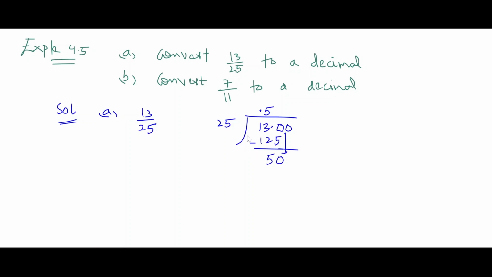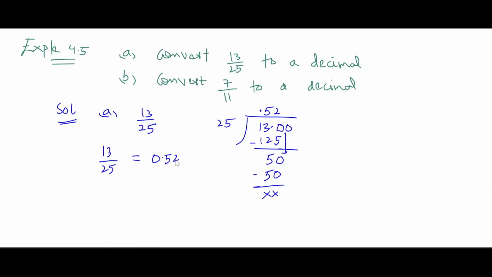So 25, now we will use 2 here. 2 into 25 is 50, and subtract it, so you will get none. So 13 divided by 25 is 0.52.